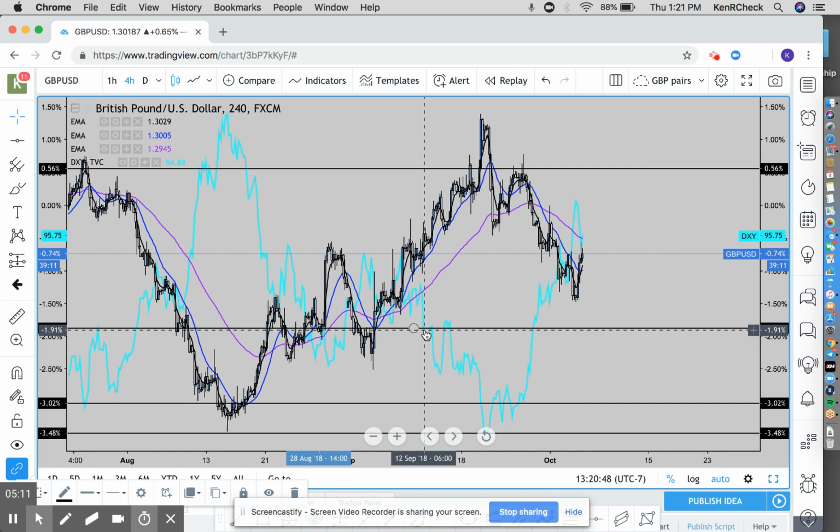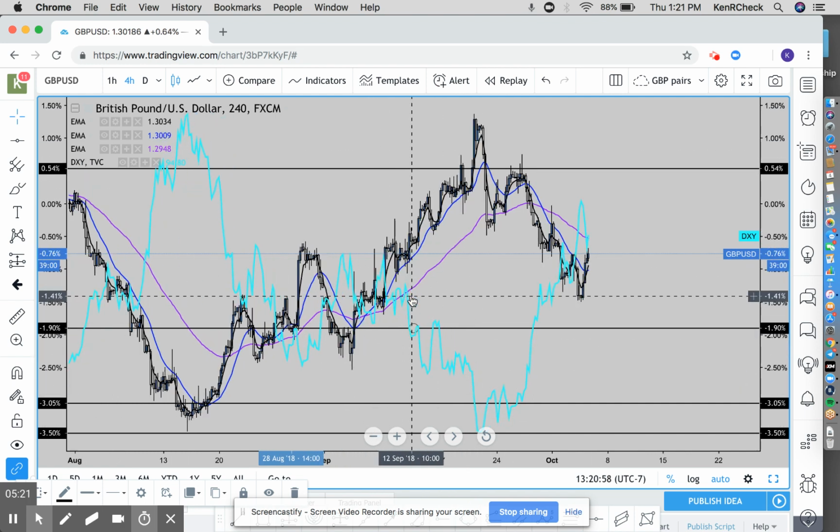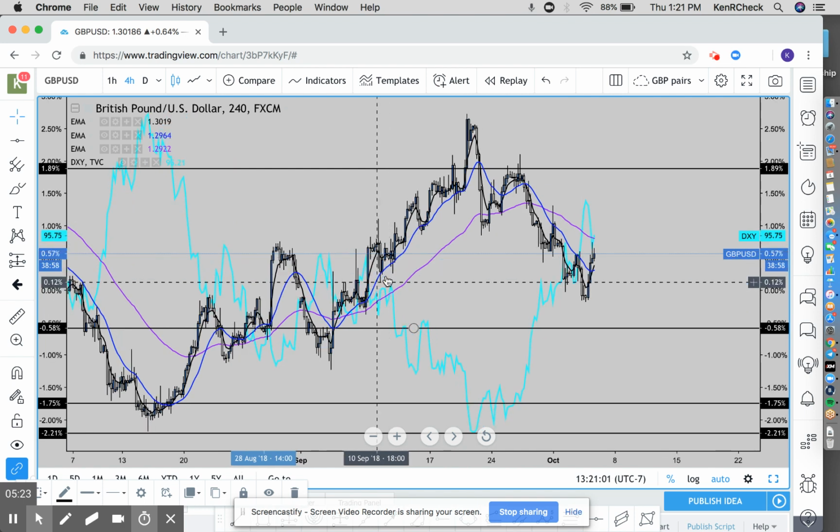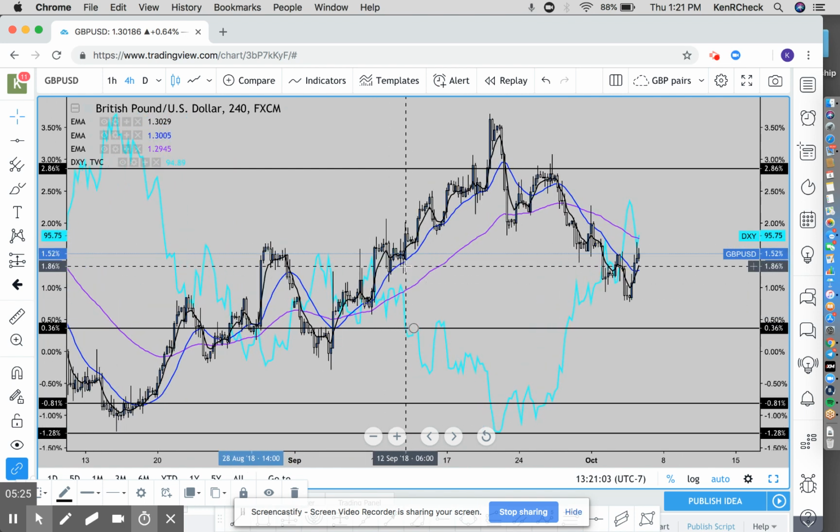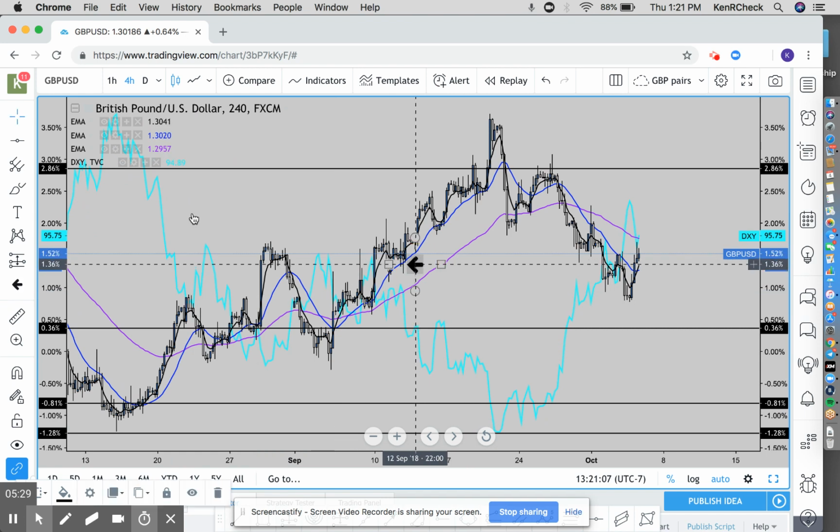Now I've got that clarification of where the dollar is going down, so I'm just waiting on a nice pullback. Now I'm getting into these entries at highs and high lows. Perfect.